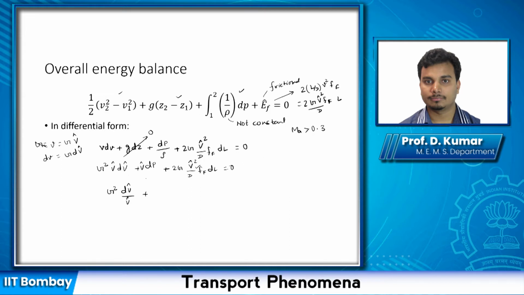So 1 by rho is V. So now when you divide by V squared, this will be dP by V cap, and this term is independent. So 2G V squared is gone, so that should not be there. 2G F by D times dL equals 0.